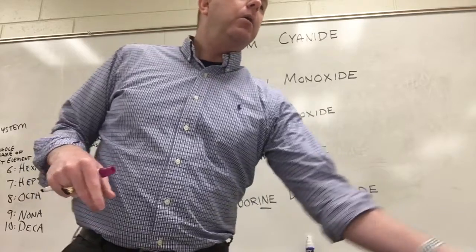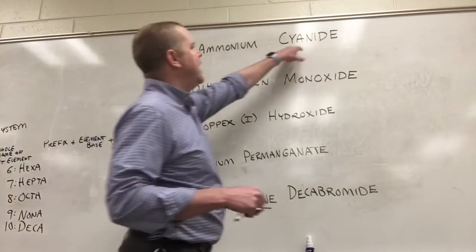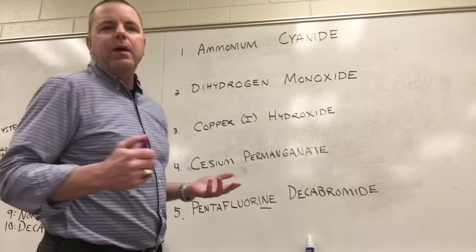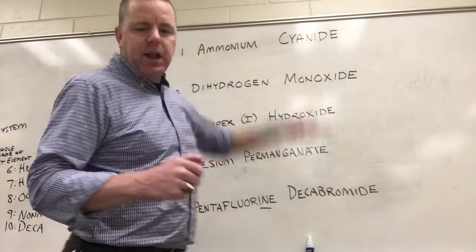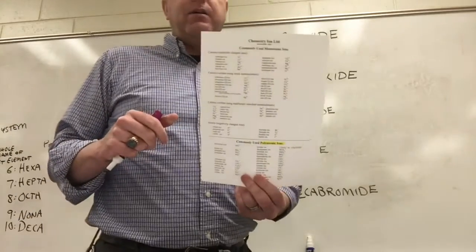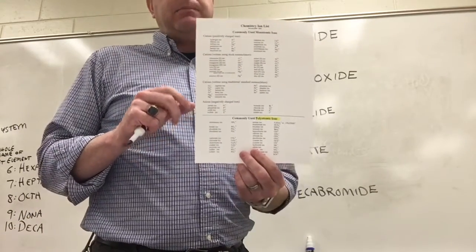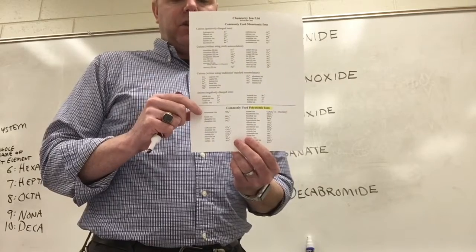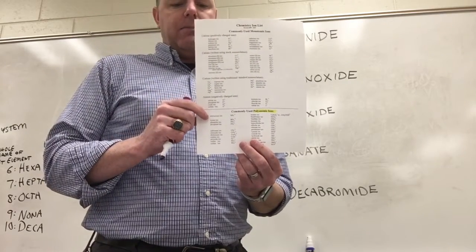All right, so ammonium cyanide. The first thing I always do is I write down what I have. Ammonium is found on your common polyatomic ions. It's the only positively charged one, and it's right here, ammonium.